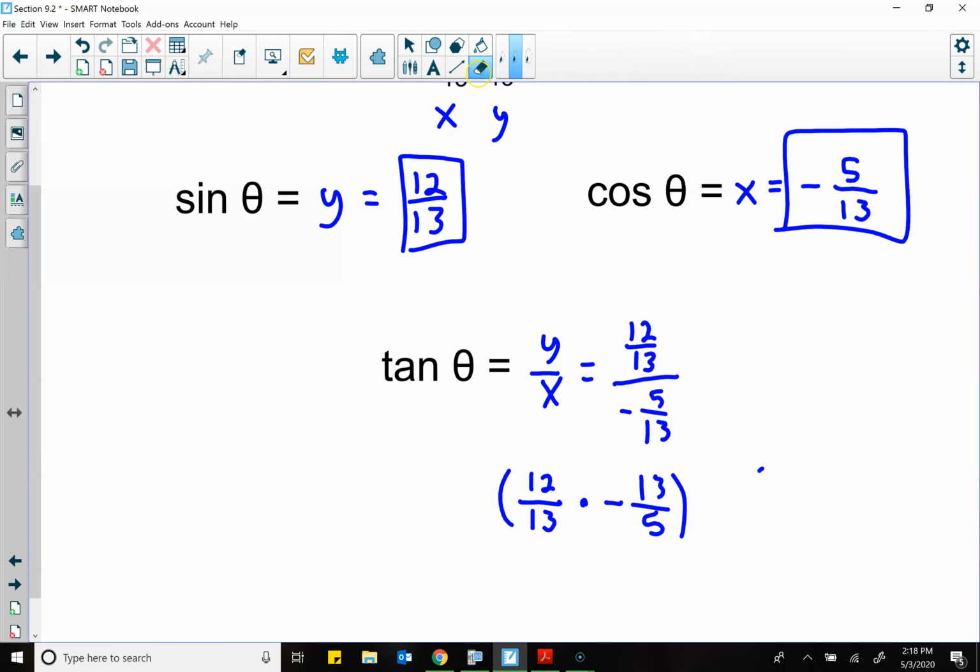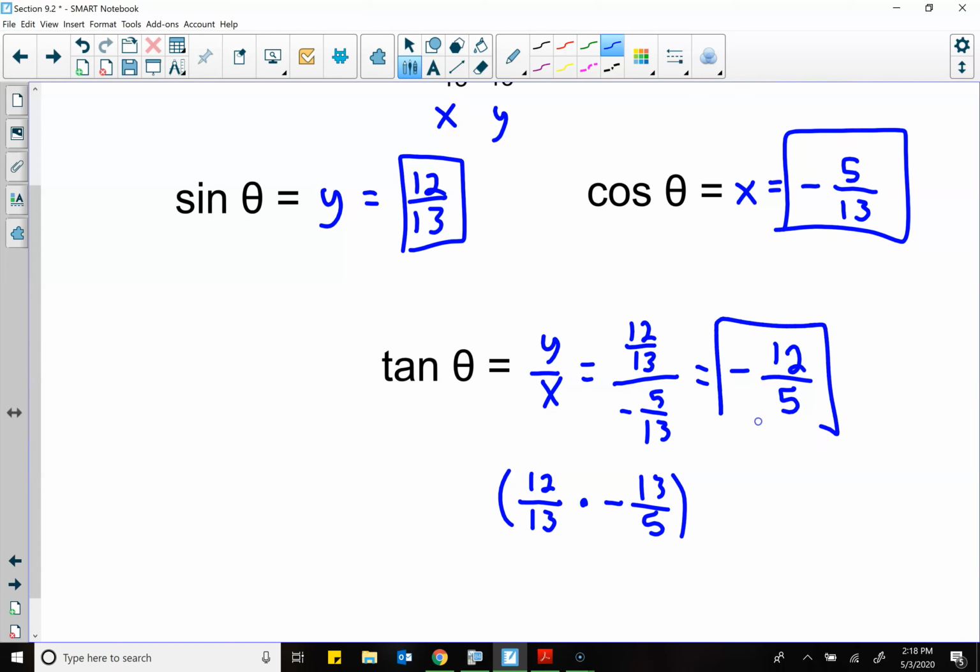That's really what you're multiplying by, or what's really going on here. Because division does not exist. Division is just multiplication in disguise. So if we actually multiply all this out, or if you go to your calculator, because it doesn't bother me one way or another, you get -12/5. There you go. It really is that easy.